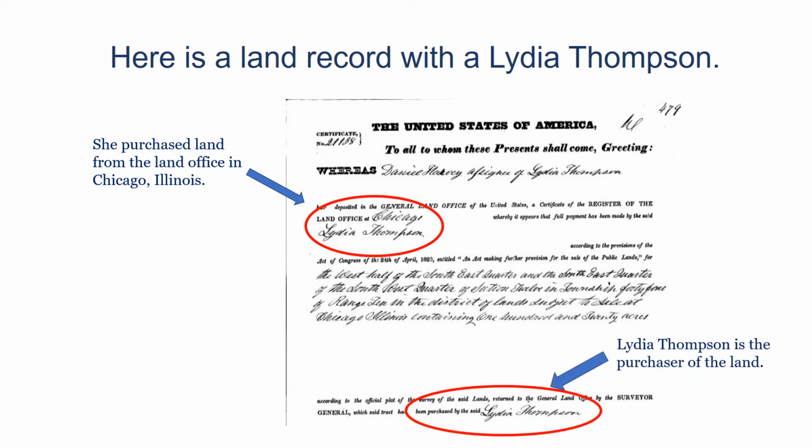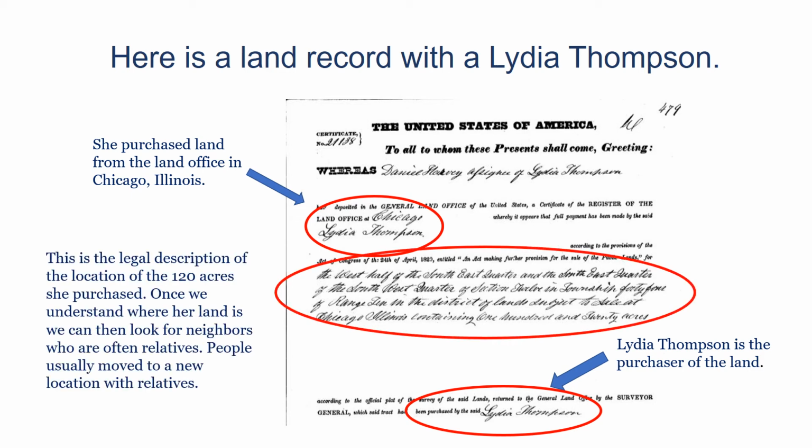Lydia Thompson is the purchaser of the land. This is the legal description of the location of the 120 acres she purchased. Once we understand where her land is, we can look for her neighbors, who were often relatives. People usually move to a new location with relatives.